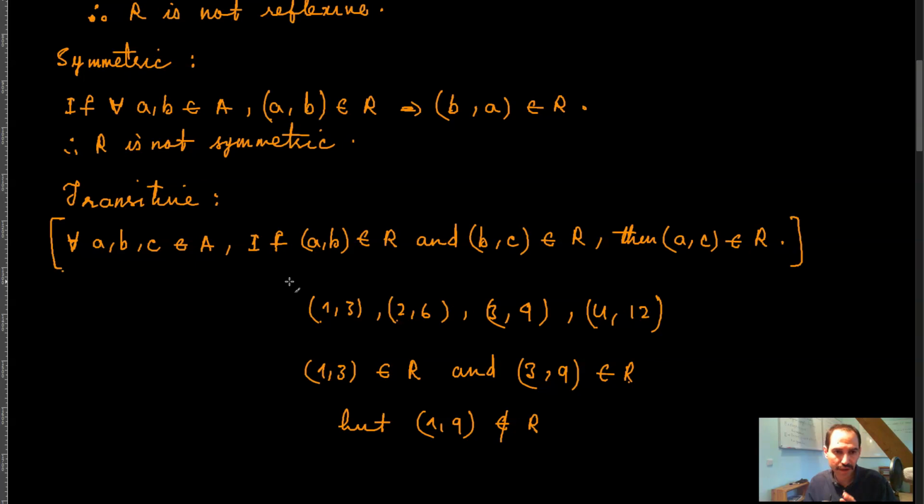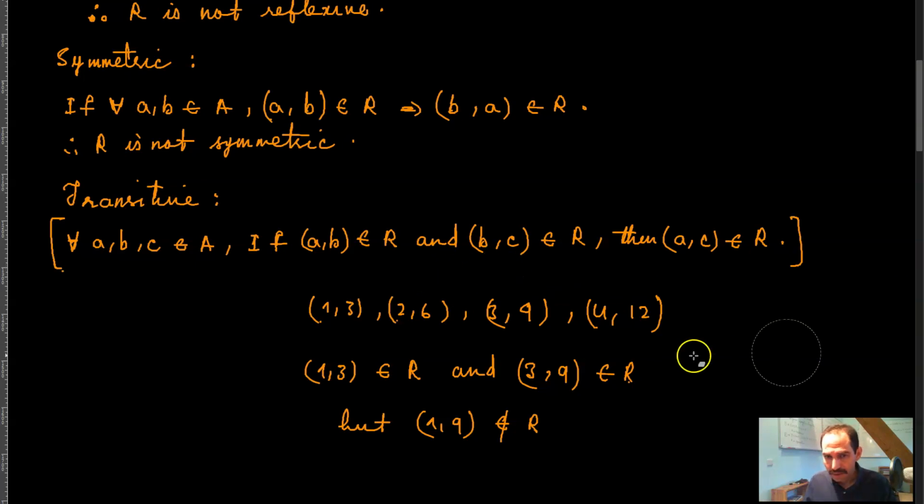If you can find one counter example that shows that R is not transitive, that means that R is not transitive. If you want to show, on the other hand, that R is transitive, it's not enough to show even 1,000 cases. You would have to use logic in order to show that R in all possible cases would be transitive, and then that would logically prove that R was actually transitive.